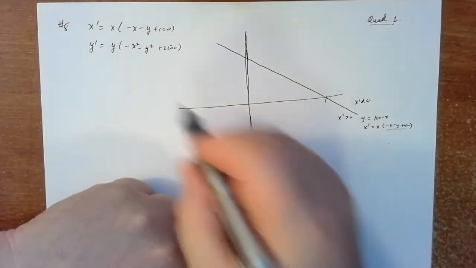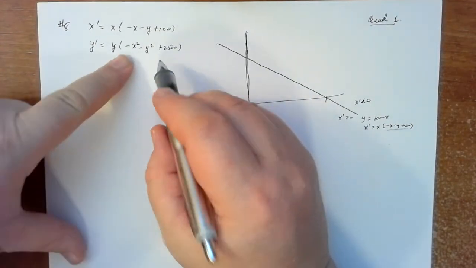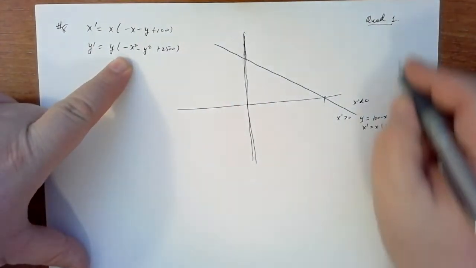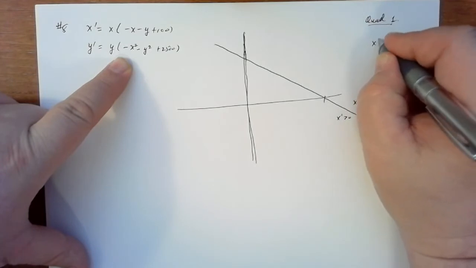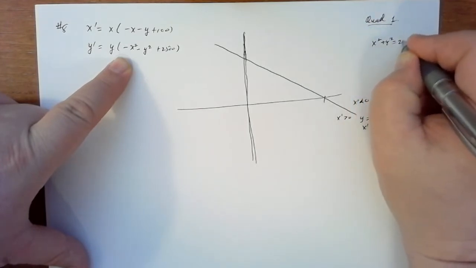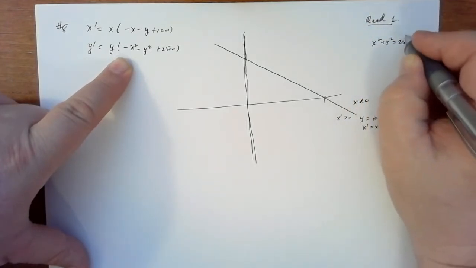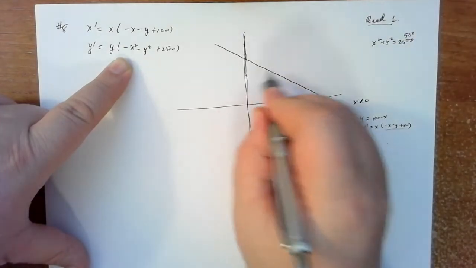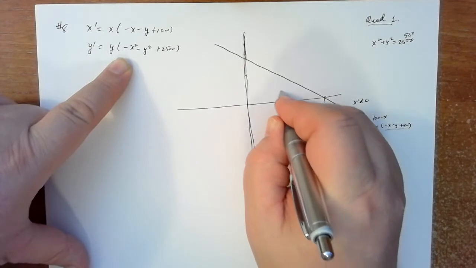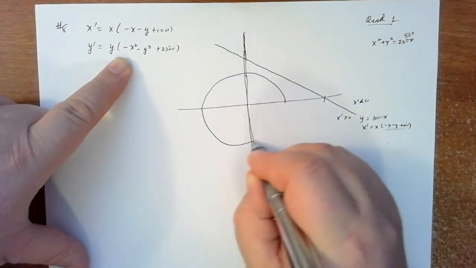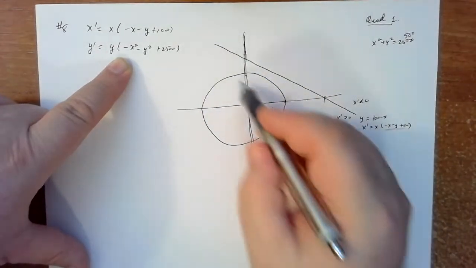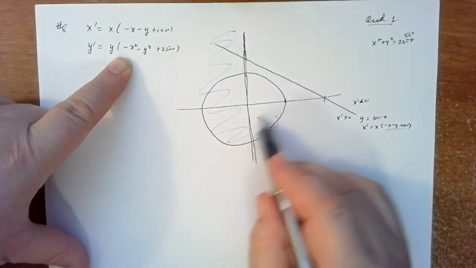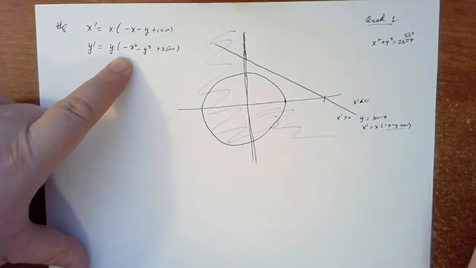Good. And then the second part looks like a circle, huh? Where should I write that? x squared plus y squared equals 2500, and that's 50 squared. So that's 50. You'll notice that we do not have a point of intersection with this circle and the line like we had before. But again, we're ignoring everything but the first quadrant.